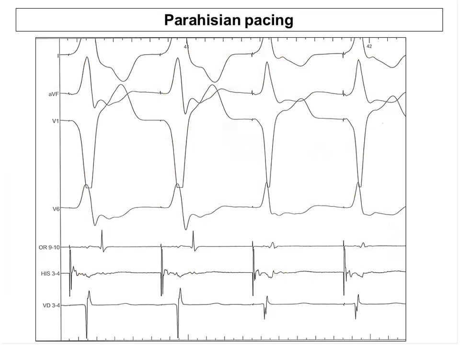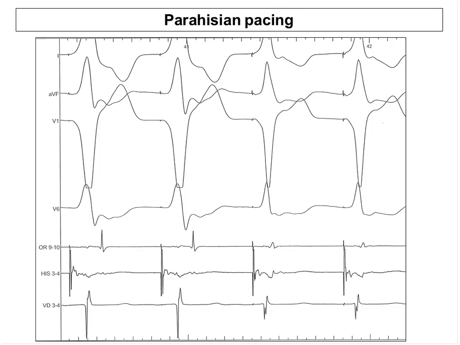At that site, when you pace with a high output, you are usually able to capture the ventricle, but also the His bundle directly. And in the case if you start by pacing with a low output, as you increase the output, eventually you can see that.